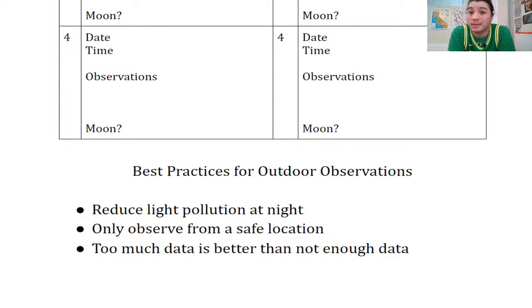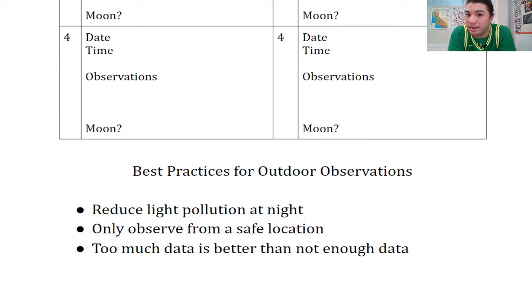You're going to see more stars if you're camping in the middle of the wilderness than if you're in the middle of the city. So depending on how dense your city or living situation is, it might be a little more challenging to see. But you'll still see a lot of stuff, okay?